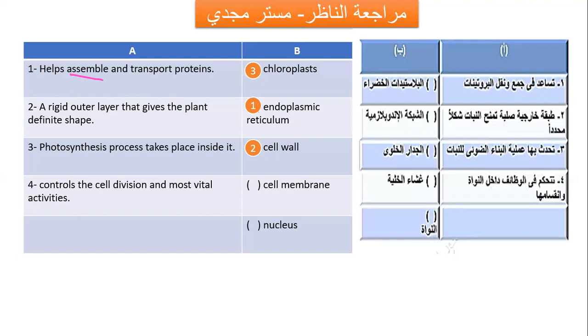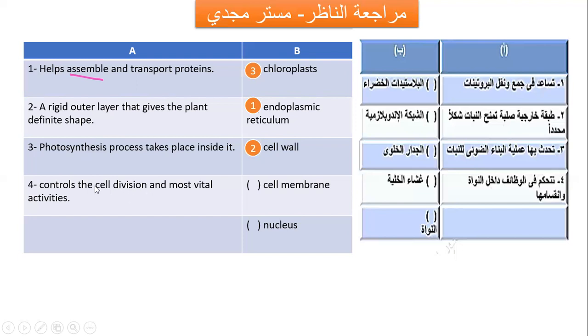Chlorophyll captures sun energy and gives the plant its green color. So chloroplasts are responsible for what? Photosynthesis. Please link photosynthesis and chloroplasts. Photosynthesis, chloroplasts. Assemble protein, endoplasmic reticulum. Rigid outer layer that gives the plant definite shape, cell wall.